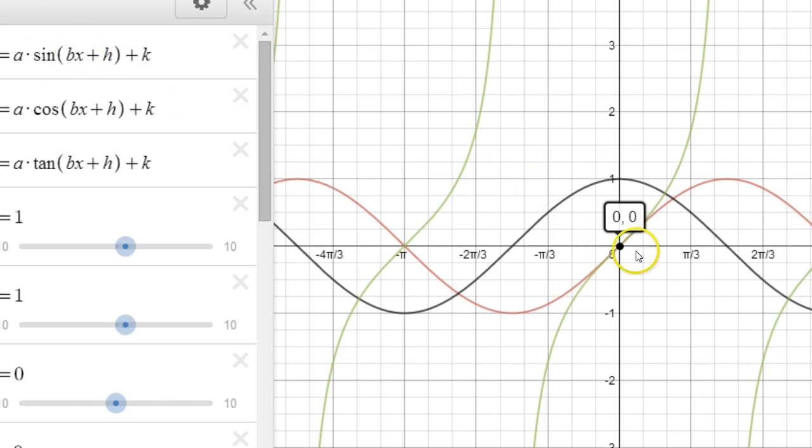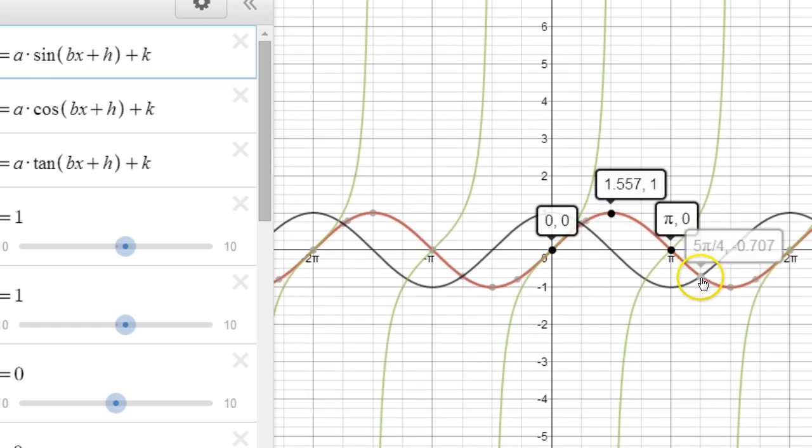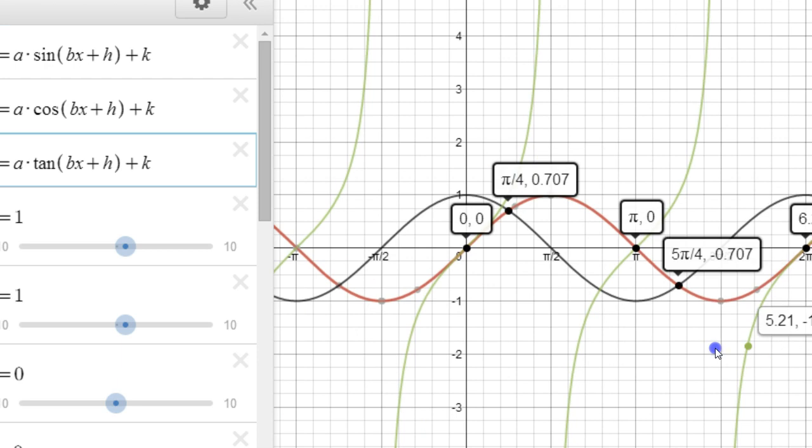Okay. But the red graph is actually going to be the graph of the sine. It starts at 0, goes up, goes down. Here, let me zoom out a little bit so you can see it. And here's the major intercepts for it. Oh, geez, why did it click on those ones?